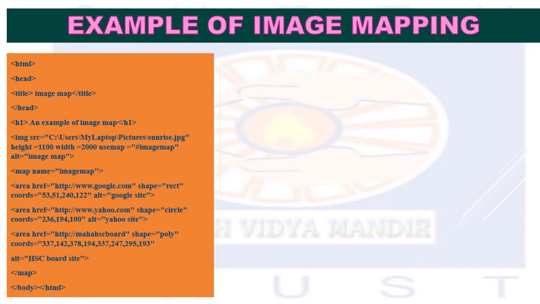So in the IMG tag you have 3 attributes: the first is src, then you have usemap, and also the alternate text. So this is a very important step, right? You have this image mapping practical in your board practicals also. The same program you have to type there to get the output. So study this properly about the image mapping.